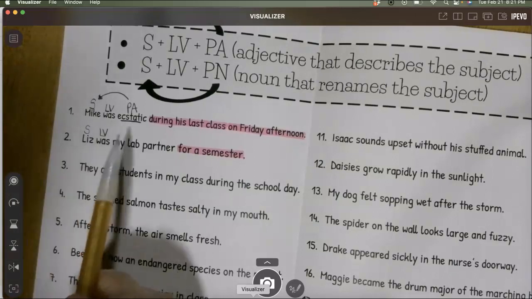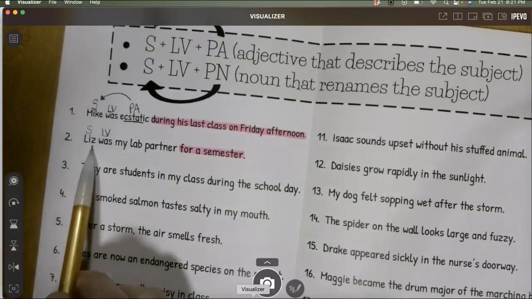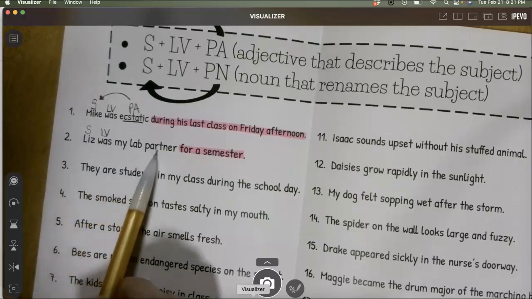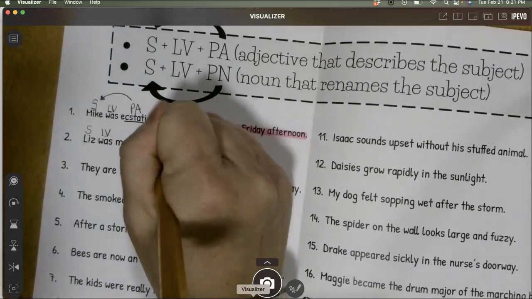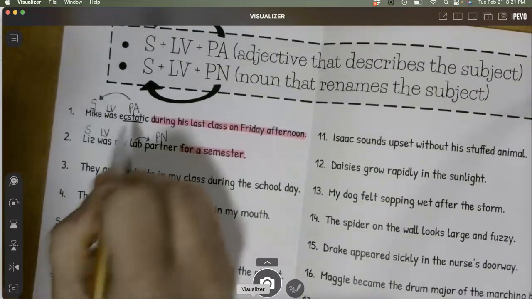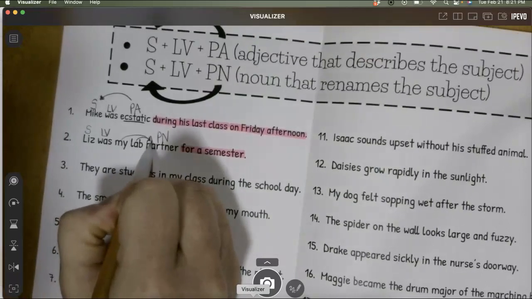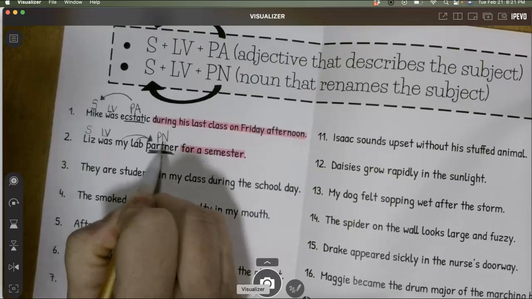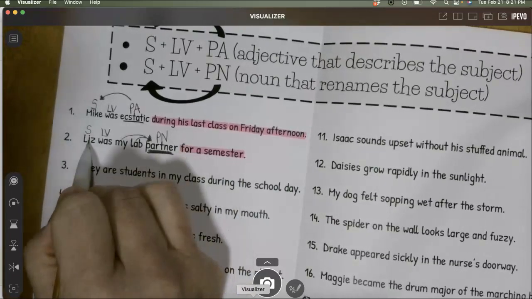Now I'm looking for either an adjective that describes Liz or a noun that tells me what Liz was. Liz was my lab partner. Partner is the noun. We've got some describing words. Lab describes the partner. Whose partner was she? My partner. But partner is the predicate noun that goes back and renames Liz.